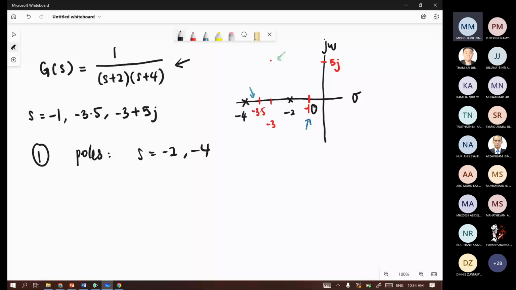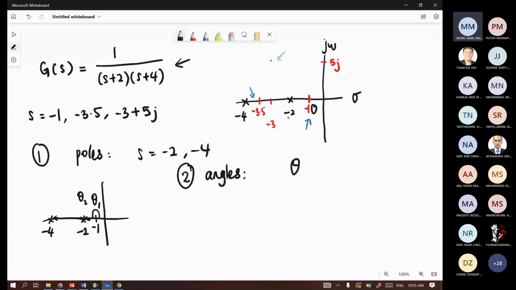So we start with s = -1. Maybe we can redraw the s-plane. Firstly, you need to determine the angles. Maybe you want to determine this angle, theta 1, and then this angle, theta 2.